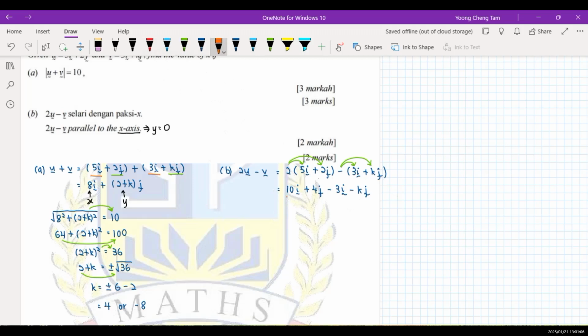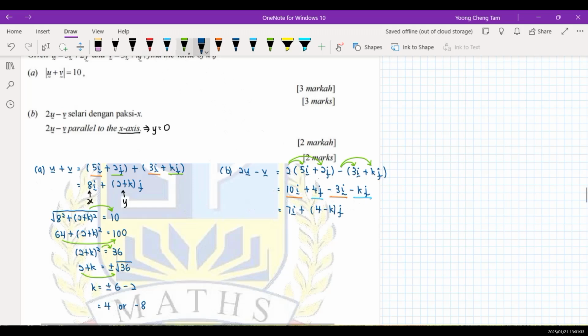We have 10i minus 3i, so we get 7i. Then the next one, 4j minus kj. Of course, 4 cannot minus k, so like question A, you take out the coefficient. So plus (4 minus k), after that vector j.